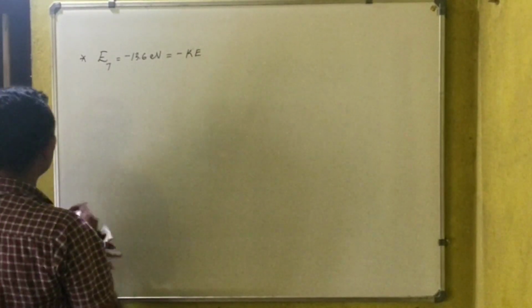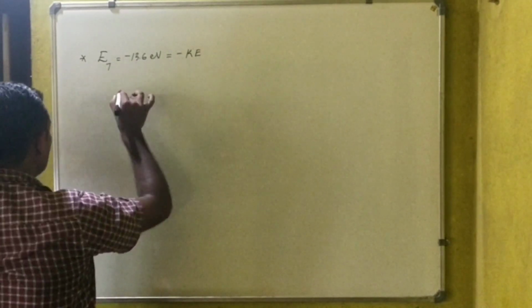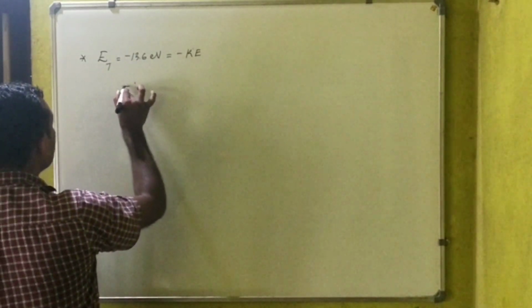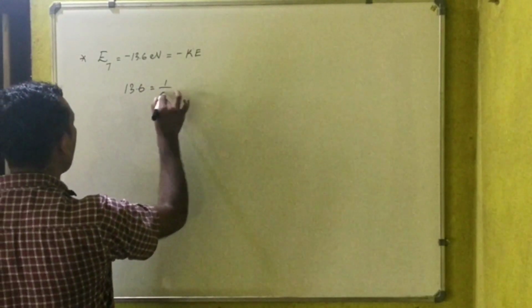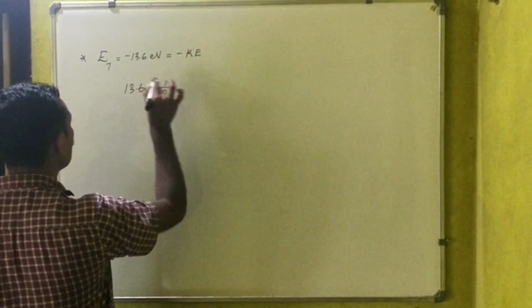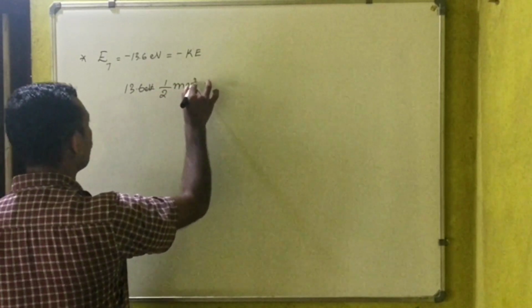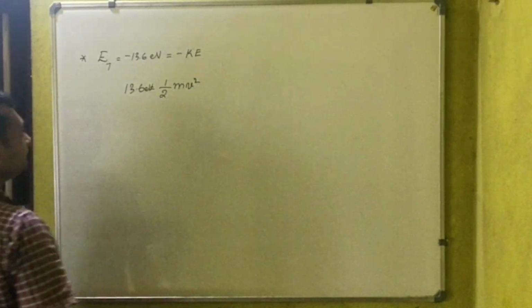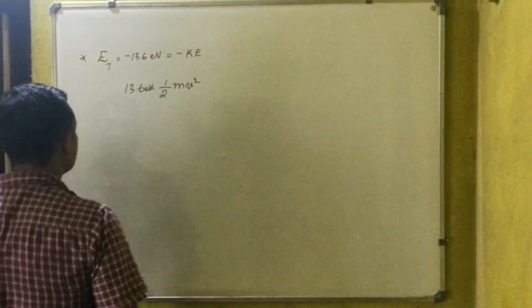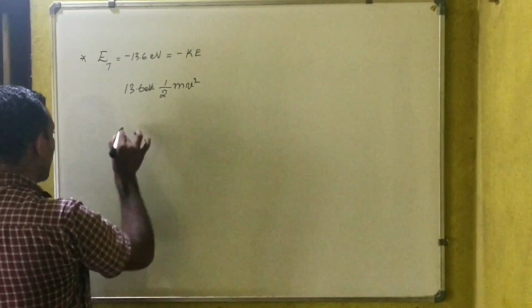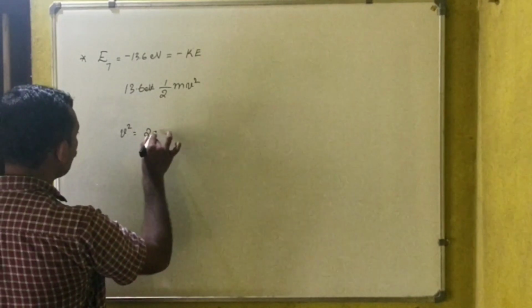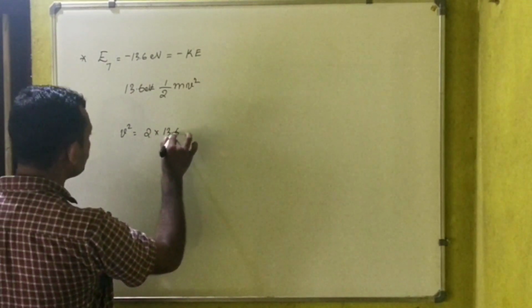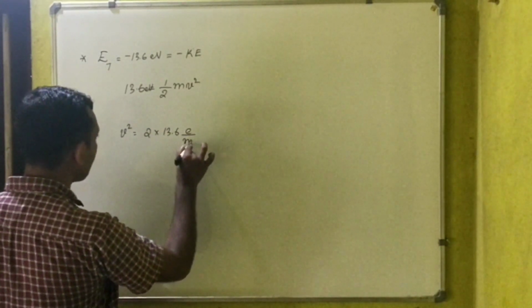So from here we can find out the velocity of the electron in hydrogen atom, right? 13.6 electron volt is equal to half mv square, right? Now from here we can see that v square is equal to 2 into 13.6 into e by m, right?